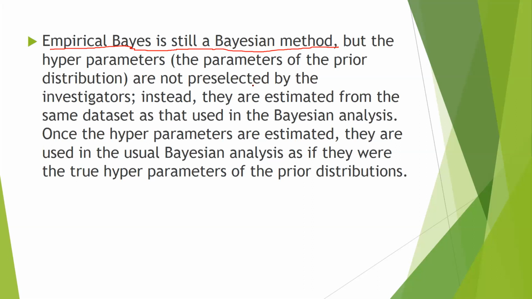For any parameter, you assume it follows a prior distribution, and the parameters that control that prior distribution will be pre-selected by you, so you have control on that. However, for the empirical Bayesian method, you do not have that control. You will estimate the hyperparameters, the parameters of the prior distribution, from your data as well. This is the only difference.